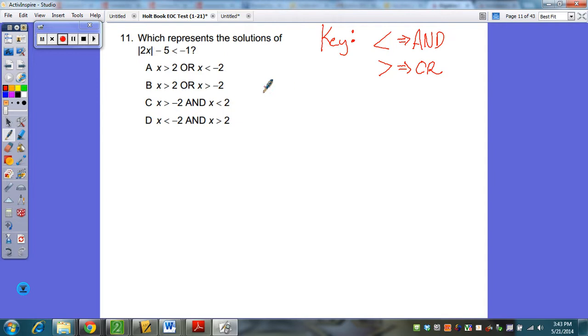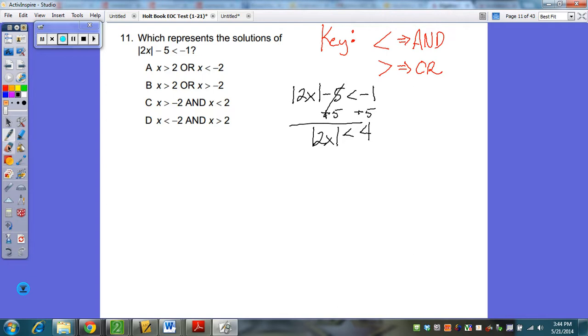The reason why is because if we solve this, we have the absolute value of 2x minus 5 is less than -1. So we know we have to at least solve for the absolute value. So we're going to add the 5 to both sides. And we have the absolute value of 2x is less than 4.